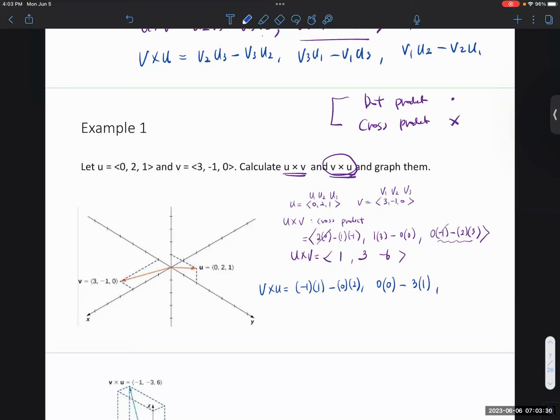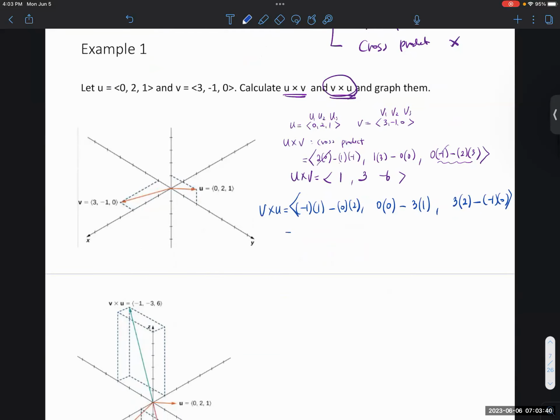And the last one: V1, 3, times U2, 2, minus V2, -1, times U1, 0. So this is the opposite vector. If you calculate it, you get -1, -3, and +6. So in this observation, we got U times V equal to 1, 3, -6.